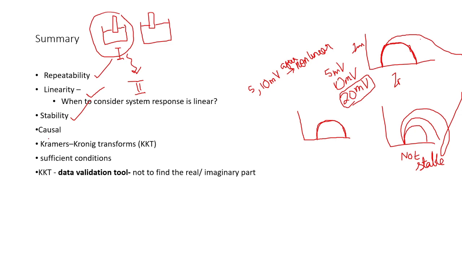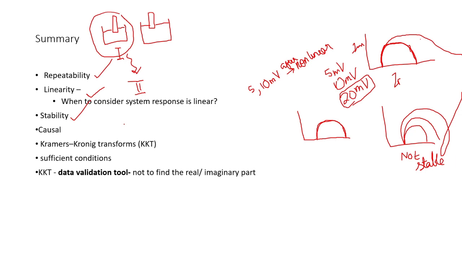Now the next thing we should know is causal. So what does causal mean? I apply an input perturbation and I get an output. So I apply an input and I see what the output is.